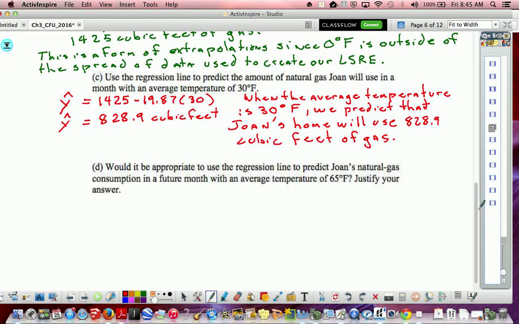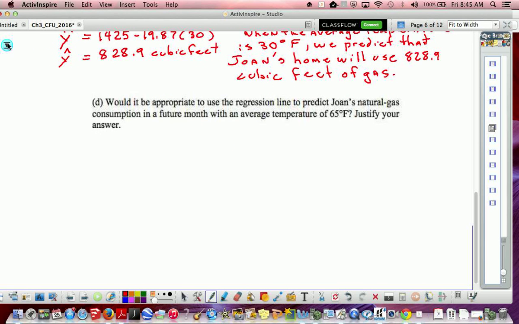All right, last one, D. Okay, says, would it be appropriate to use the regression line to predict Jones' natural gas consumption in a future month with an average temperature of 65 degrees Fahrenheit?